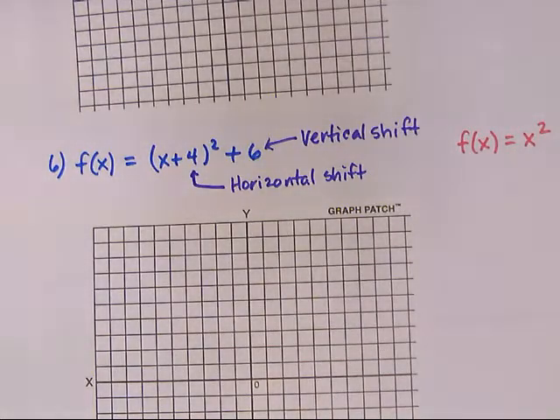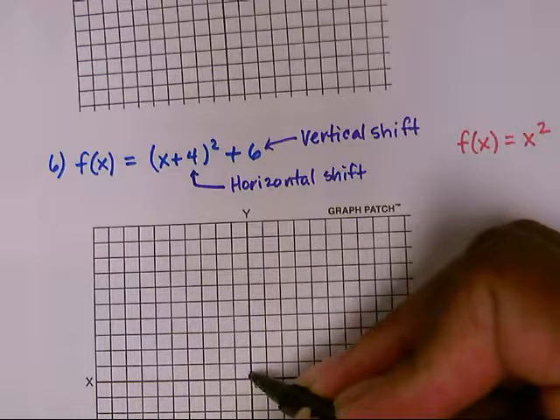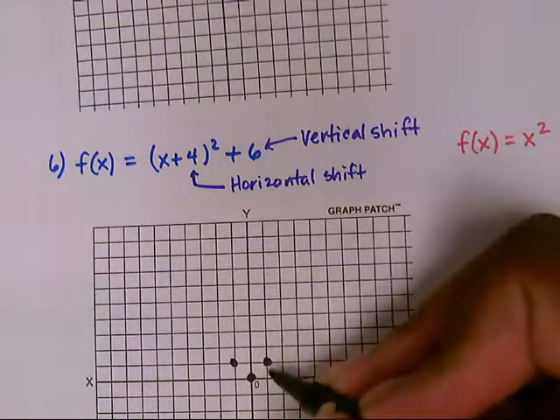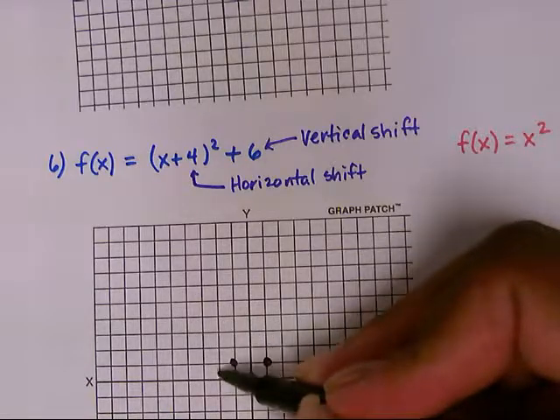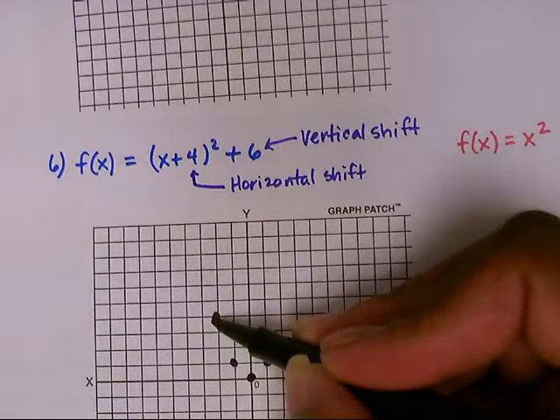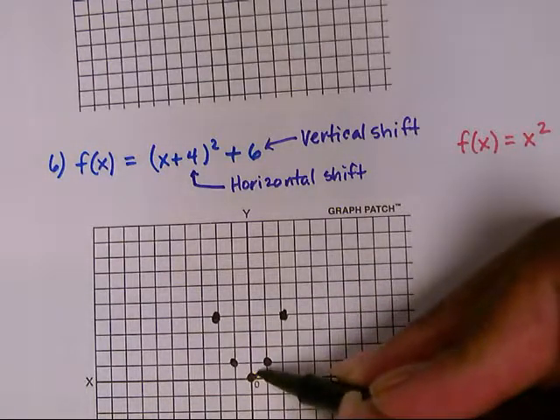And of course, the graph of that, I'll go ahead and do that in another color. And this is f of x equal to x squared. 0, 0, negative 1, 1, and 1, 1. And then over 2 and up 4. Okay.